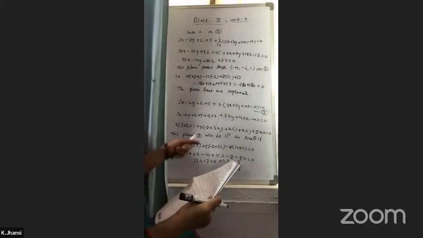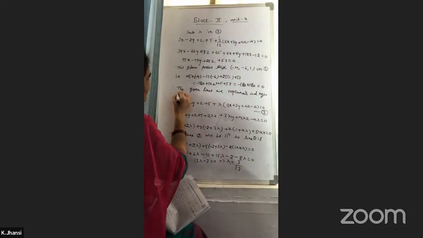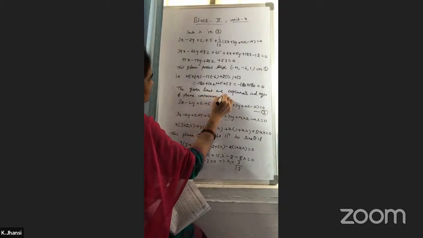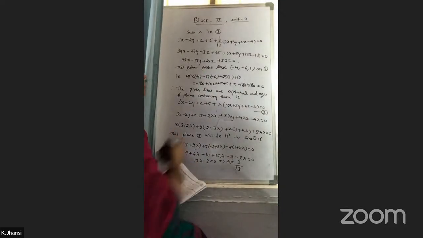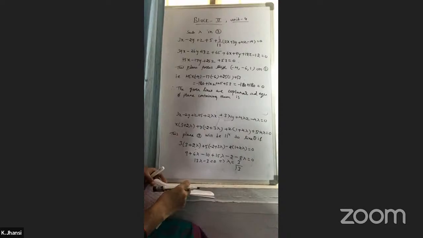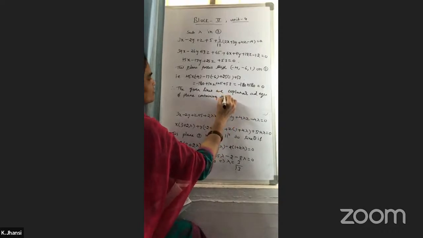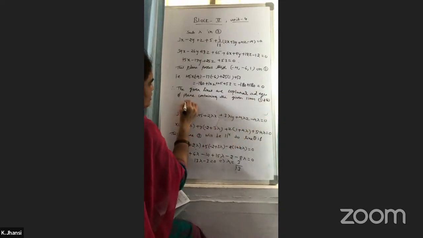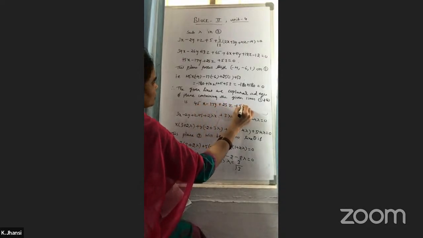The given lines are coplanar, and the equation of the plane containing lines 1 and 2 is 45x minus 17y plus 25z plus 53 equals 0.